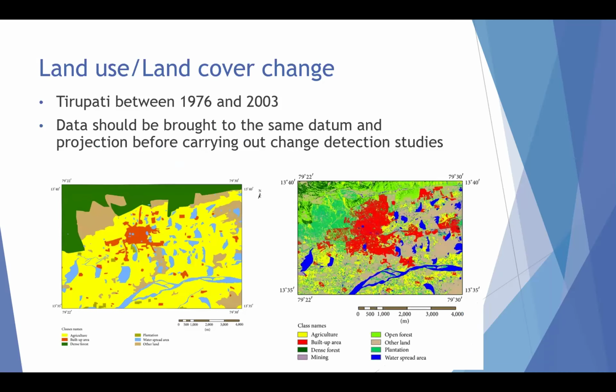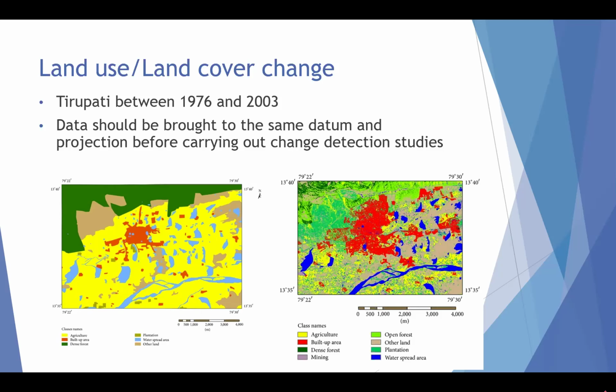Now, first of all, why do we actually look at this land use, land cover change? We know that it is dynamic in nature. Second, your hydrology, whether surface water hydrology or groundwater hydrology, depends on how your land use, land cover is changing over time.